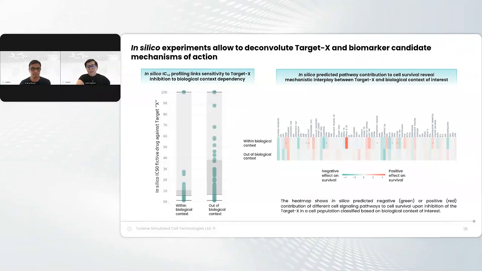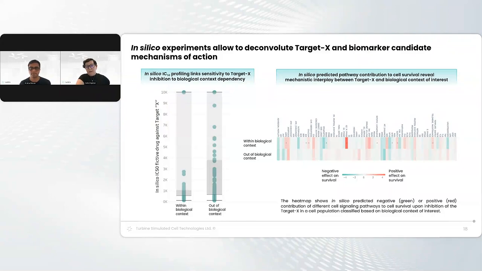And on the right, you can see the cell line panel out of the biological context as control. So we saw in the simulations significantly lower in silico IC50 of this perturbed gene in the cells with this biological context.